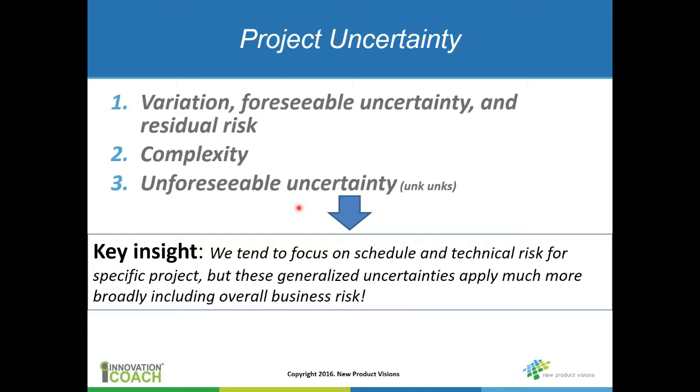It may have things to do, for instance, with your knowledge of the market. There might be an uncertainty associated with that leads to risk in that development. So you really need to think more broadly when it comes to your projects in terms of not just focusing on the schedule and the technical risk, but where these uncertainties can play out in other aspects of your project. And I mentioned a good resource that you can look at if you want to learn more about this topic.